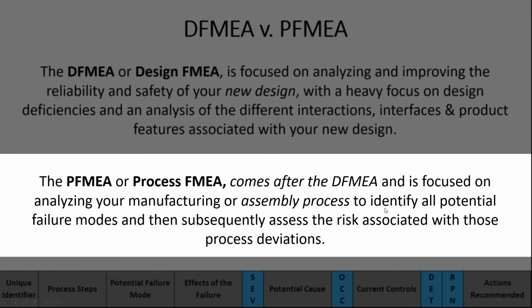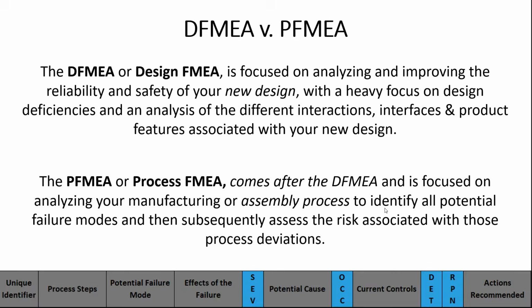And you ask yourself, how can our process fail in a way that impacts these critical quality attributes or these critical to quality features about our product? And so there's definitely a relationship between PFMEA and DFMEA. As we go through the steps, I'll talk about different tools you can use in these different scenarios.